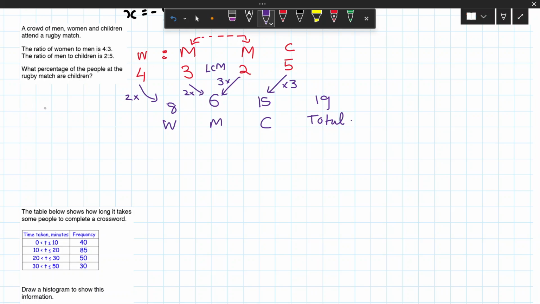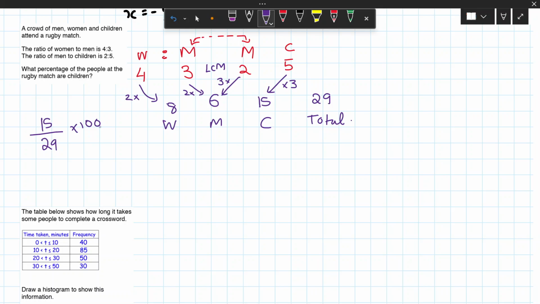Yeah, now I have 8 plus 6, which is 14, and 14 plus 15 is 29. It still is a weird number. I thought it would become a nice number. Yeah, it is 29, and then let's multiply that by 100.